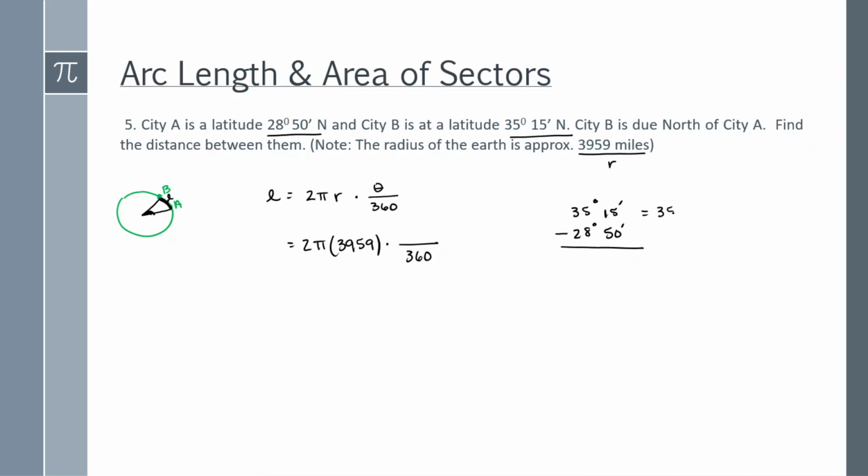This will be 35 plus 15 minutes times 1 degree over 60 minutes. So that's going to be 35.25. This one will be 28 plus 50 minutes times 1 degree equals 60 minutes. So that's going to be 28 point, let's see, 50 divided by 60, going to give me 0.83 repeating.